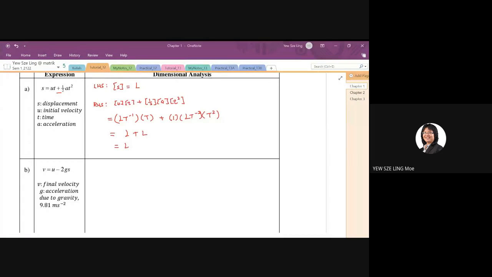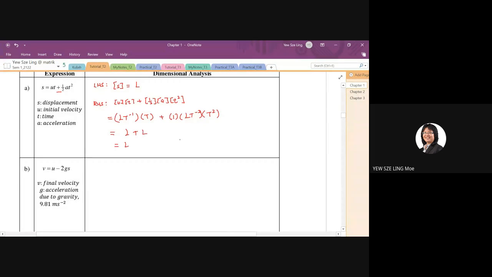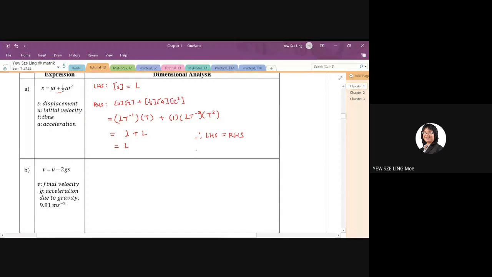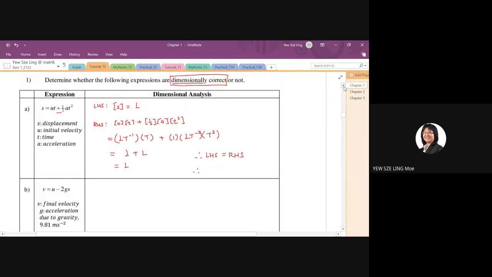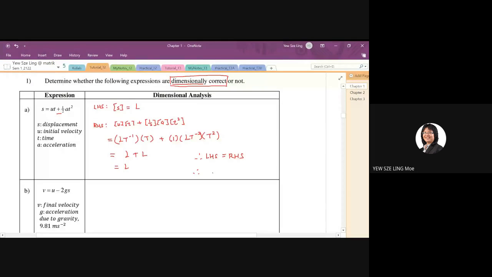So therefore your conclusion is left hand side equals right hand side. And then answer the question: the equation is dimensionally correct.